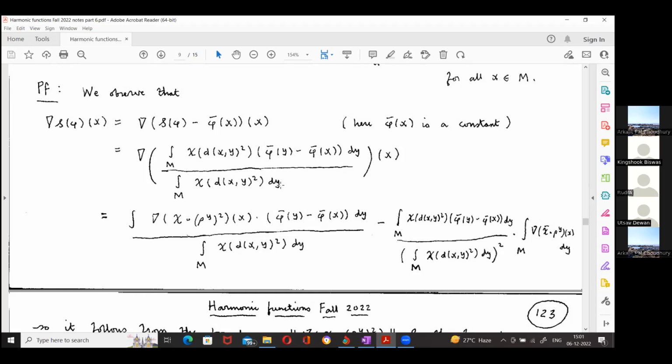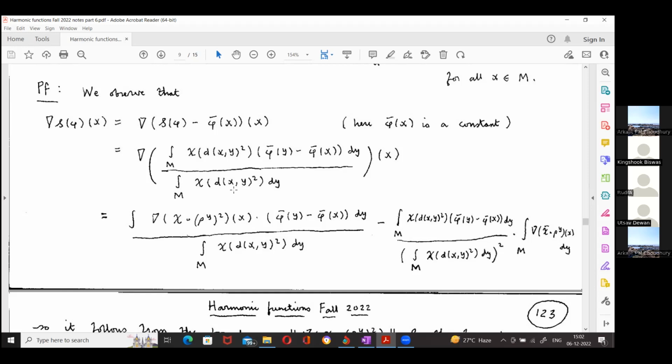By differentiation under the integral sign and the quotient rule, what will the gradient of this ratio be? Both numerator and denominator are functions of x. Here y is a dummy variable; you're integrating with respect to y. So we're taking the gradient in the x variable.